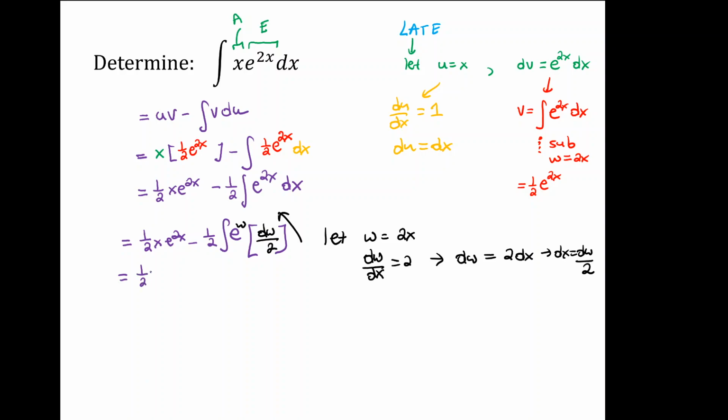So 1/2 x e to the 2x minus 1/2 times 1/2, so 1/4, 1 over 4, integral e to the w dw, antiderivative of e to the w is just e to the w plus c. And then we undo the substitution, replace it back with the 2x.